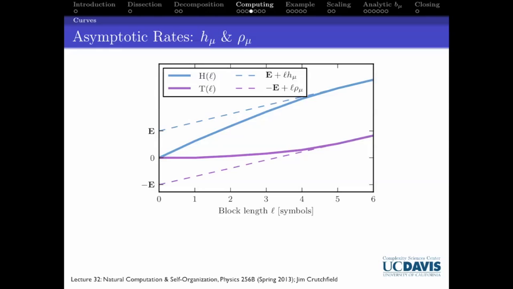So we can do this just from data without having a model or anything. We just take successively longer windows of words, calculate statistics, plot the entropy of the statistics of those blocks, and get the best estimate we can as to the slope. And that will give us our rho mu and our H mu.